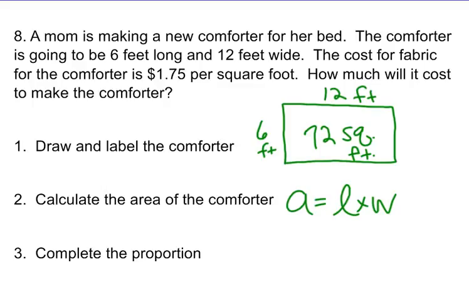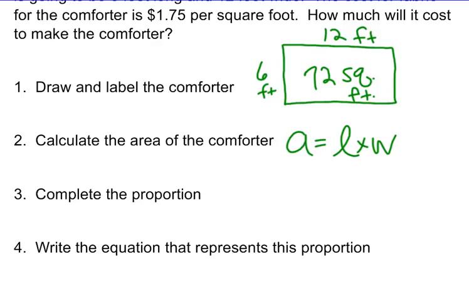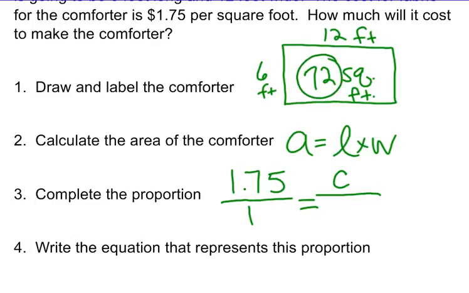Now we have to complete the proportion. The problem tells us it's $1.75 per 1 square foot. Well, what is the cost? So we'll put C for cost if we have 72 square feet. Now we have to figure out the cost, so we cross multiply.